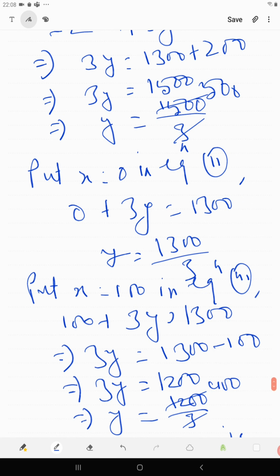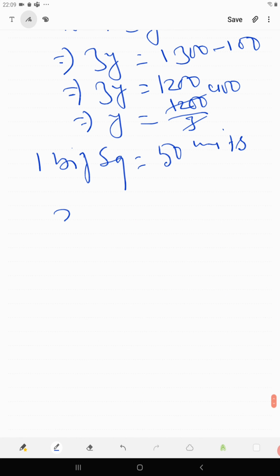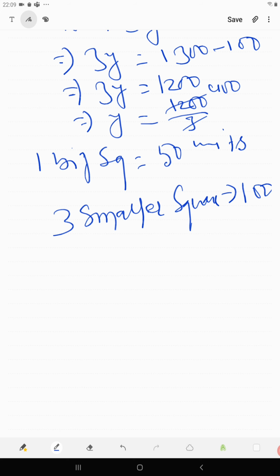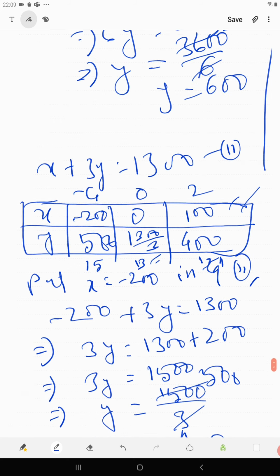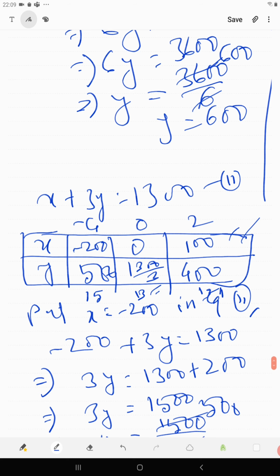So what I told you is take 3 smaller squares as 100 units. In this case it converts to 15 smaller squares, 13 smaller squares, and this is 12 smaller squares. So you need to move up 15 units in smaller squares, then 13 units, and then 12 squares.